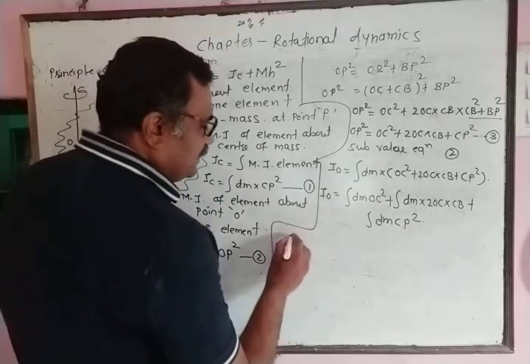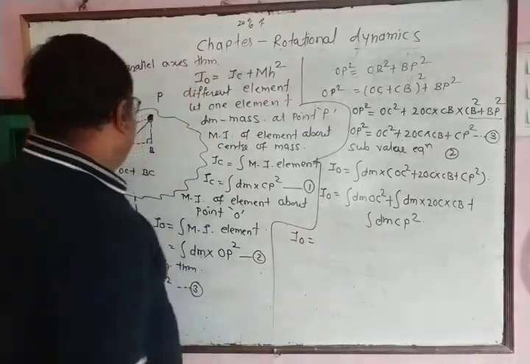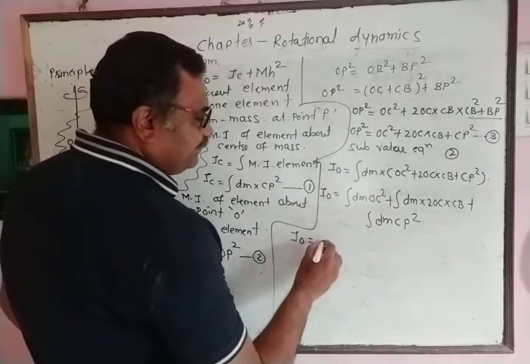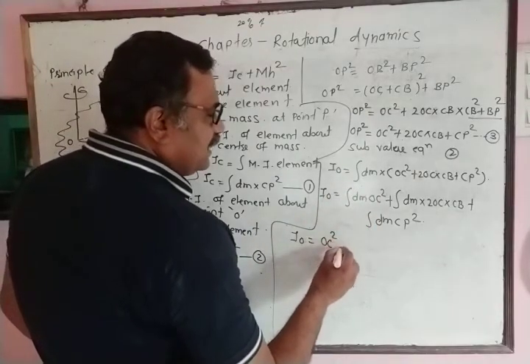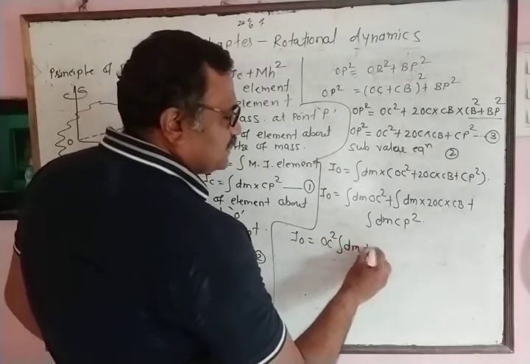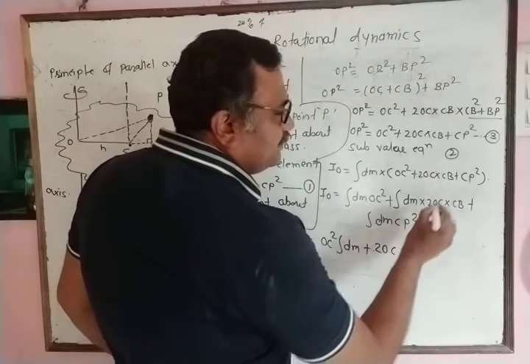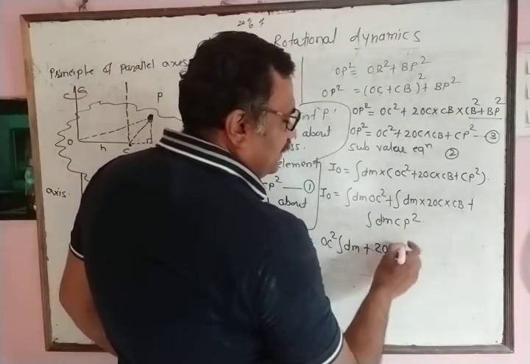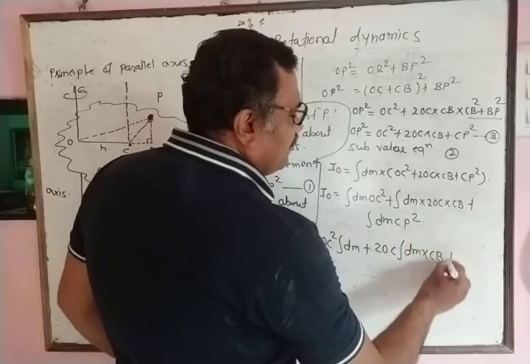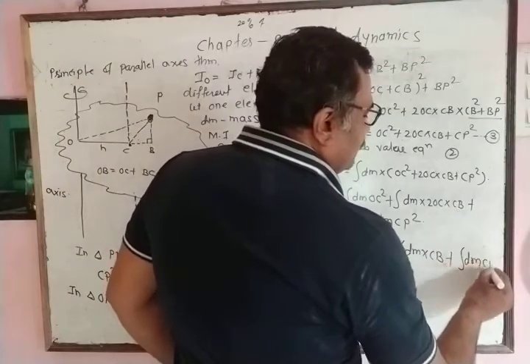Therefore, the above equation can be written as IO. It is equal to, now OC, OC is equal to h. It is constant. Therefore, OC square into dm plus 2 times OC into dm into CB plus the integration of dm into CP square.